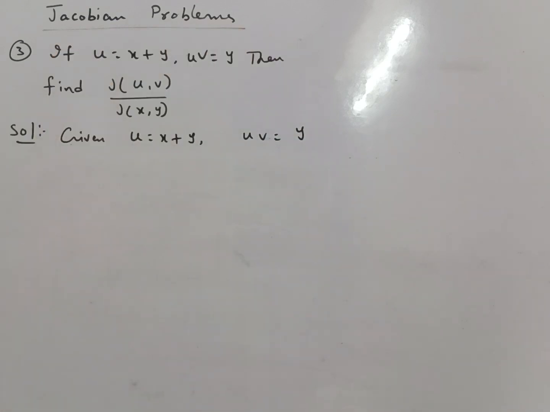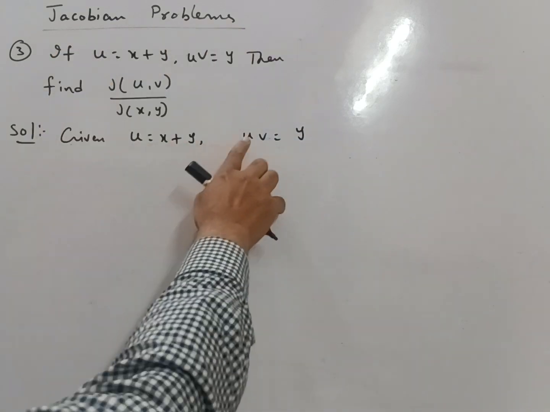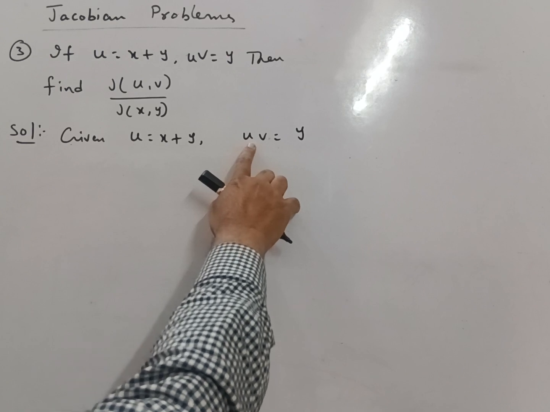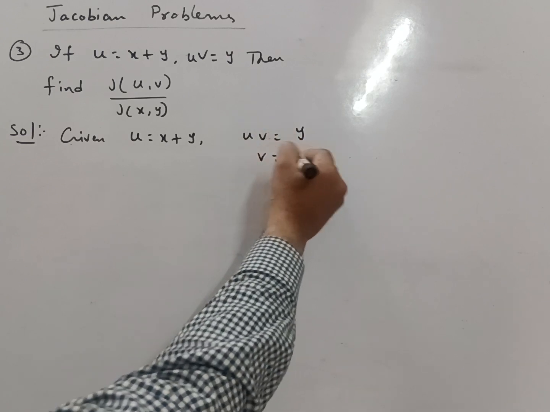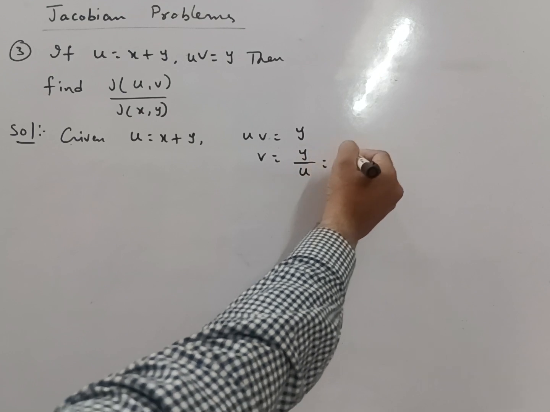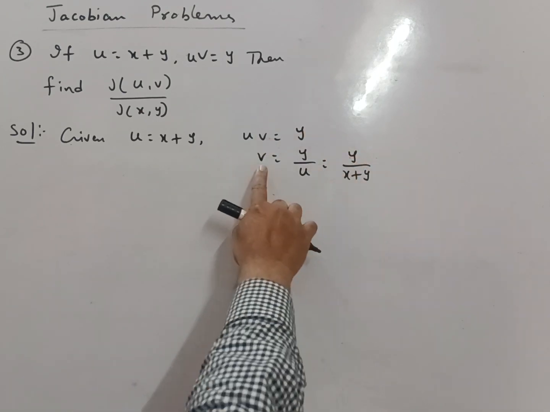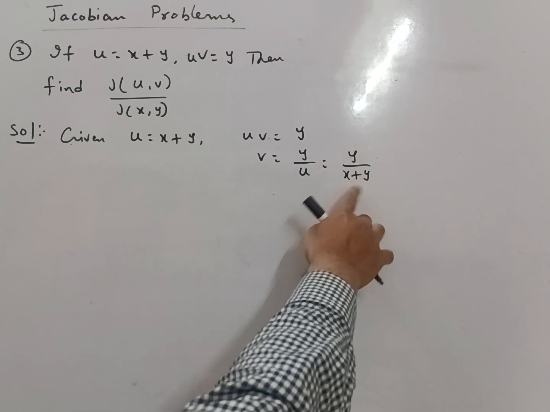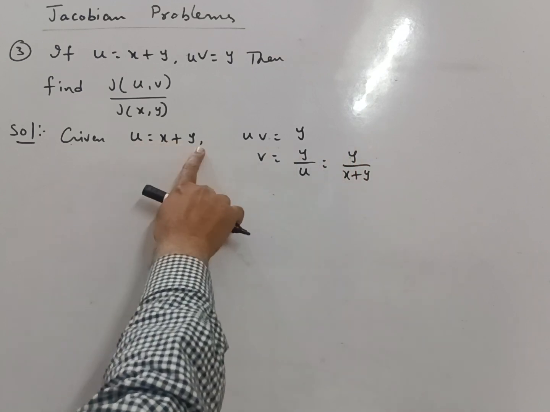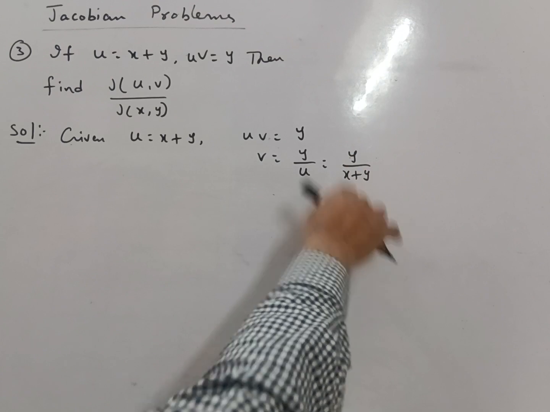So we'll substitute here the u value. If I substitute the u value, what is v from here? Y by u. So y by u is what? X plus y. So we have to change v fully in terms of x and y. So now u is equal to x plus y, v is equal to y by x plus y.